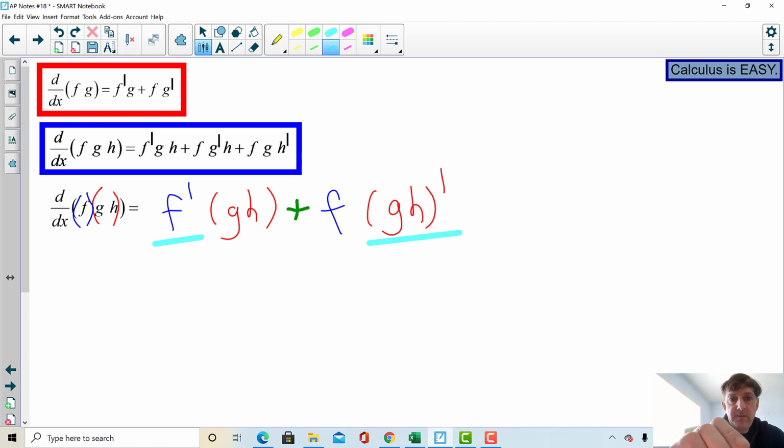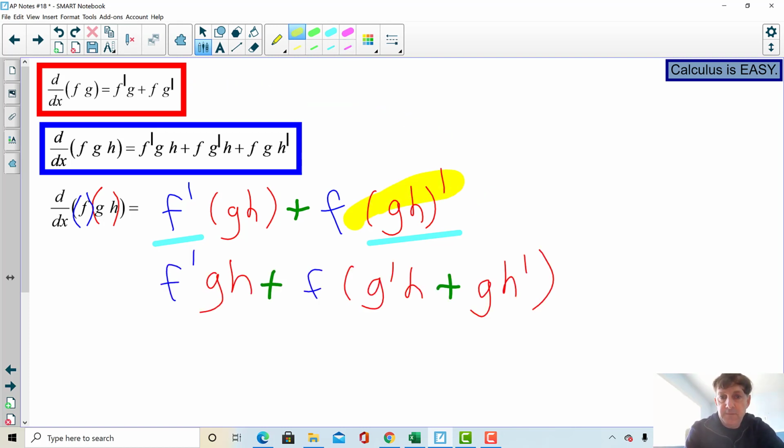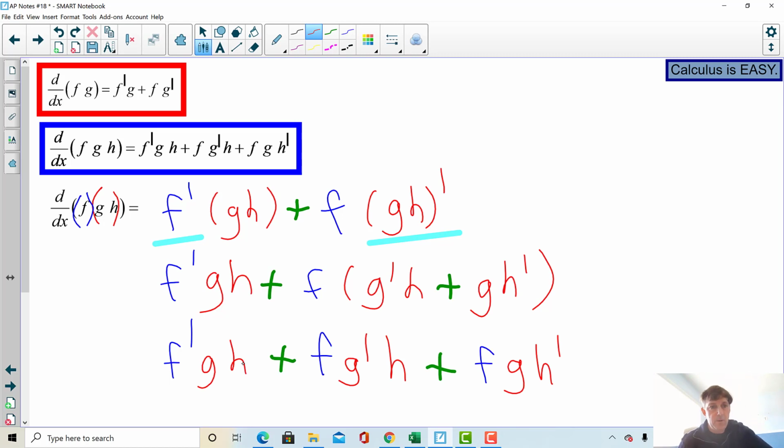How do we do the derivative of gh? Well, it's basically this rule right here. The derivative of gh is going to be g prime h plus gh prime. Okay, we can distribute the f on each piece, and now we're done, and you'll see this is the exact same thing that we have in this box right here.